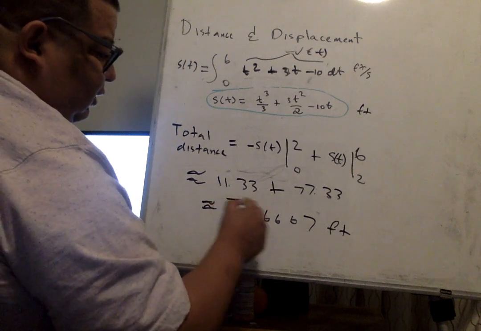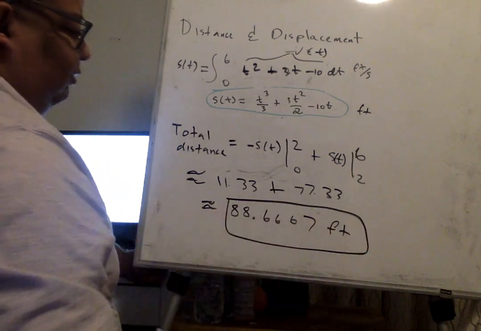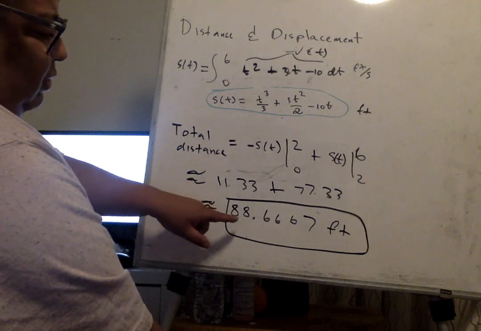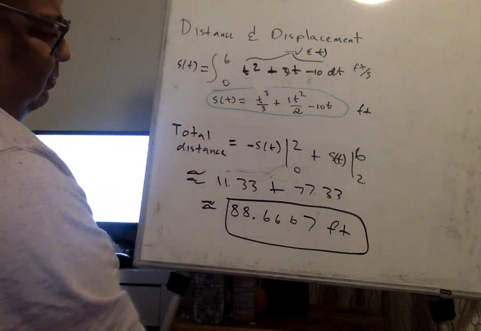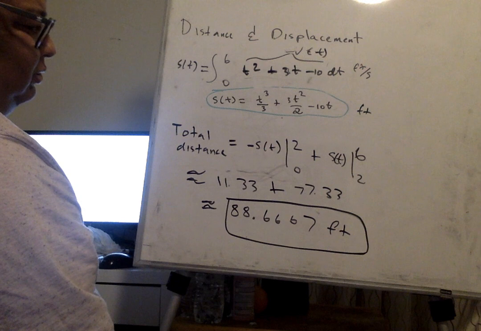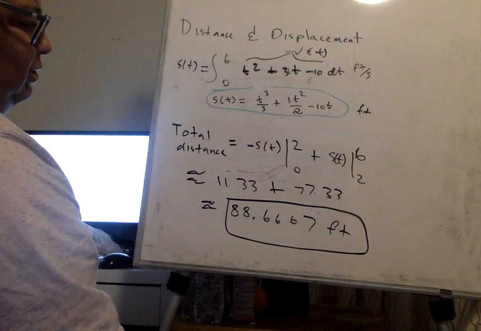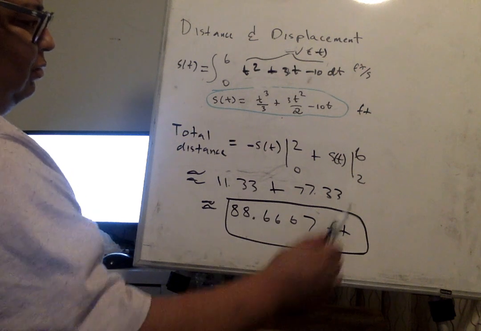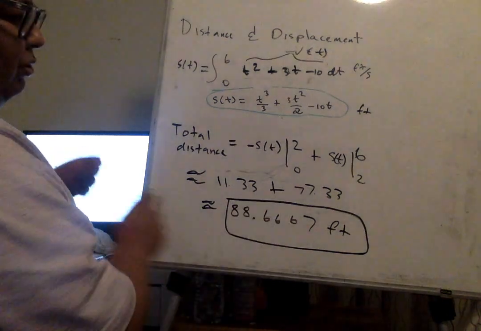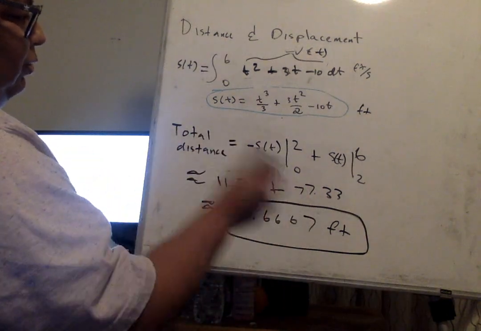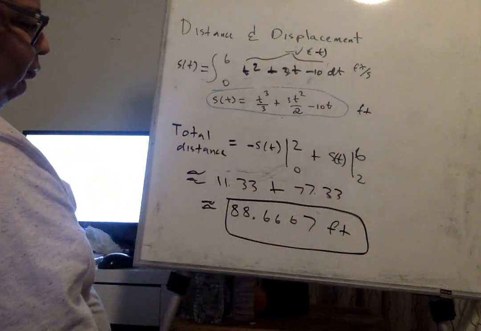All right. So now, total distance. You notice total distance is greater than your displacement, and that makes sense because total distance does not take into account going forward or going backward. It just takes the total distance. If you go forward, you add. If you go backward, you add.